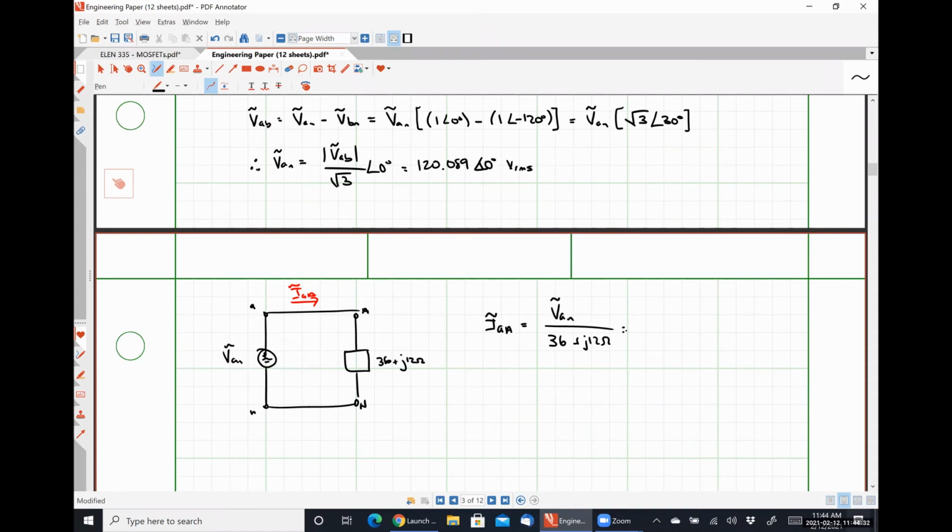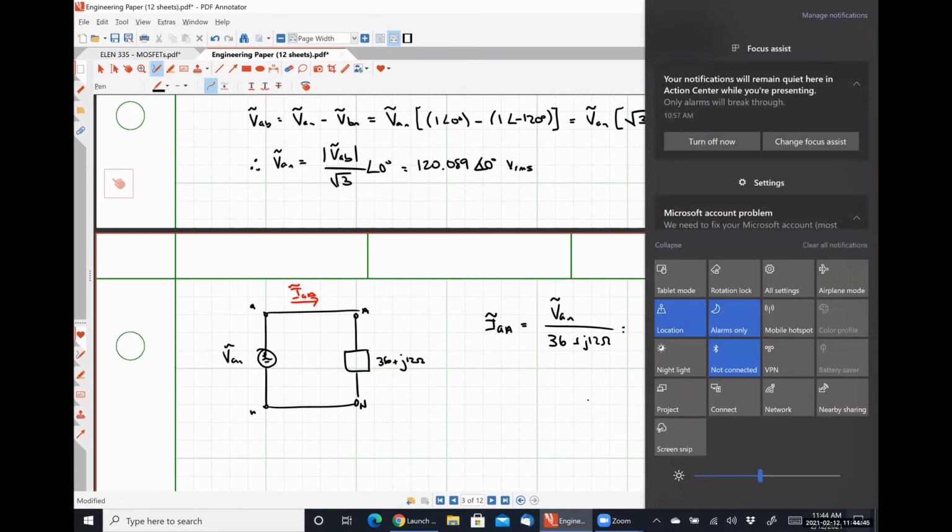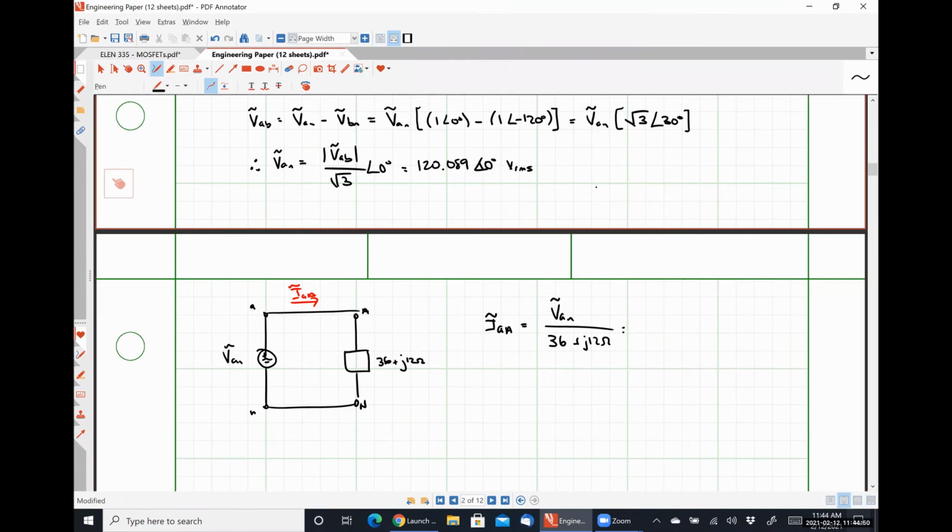So 120 divided by that gives 3.165 angle negative 18.435 degrees, amps RMS.